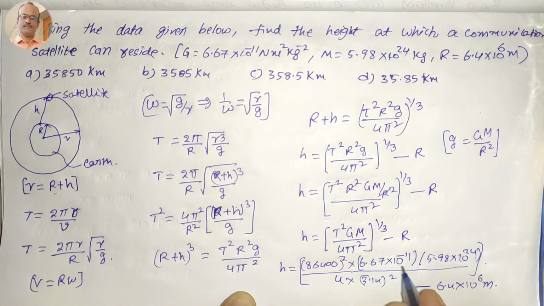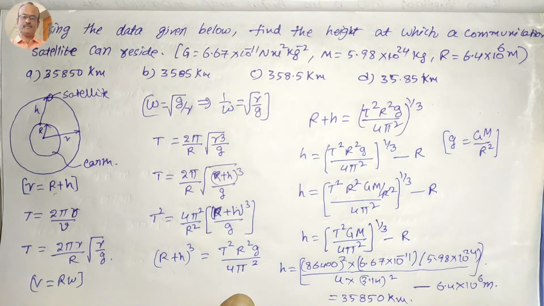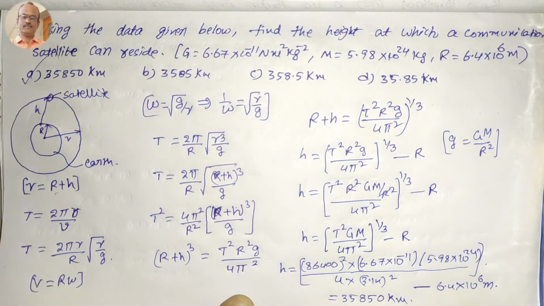By calculating all these, we are getting 35850 kilometers. So by solving this we will get this, but this is very important. So option A is correct.